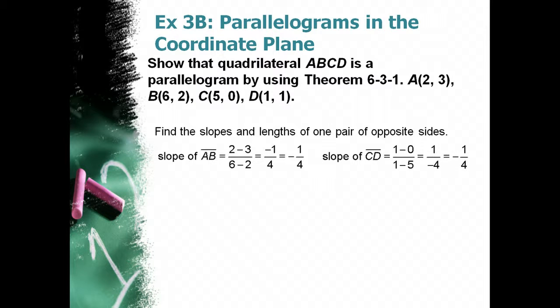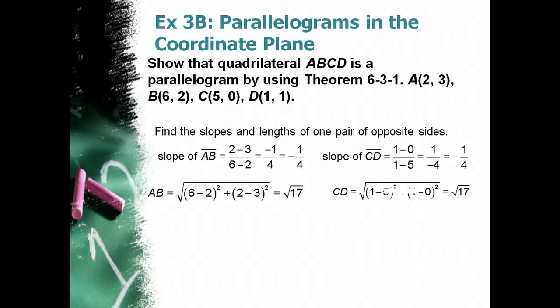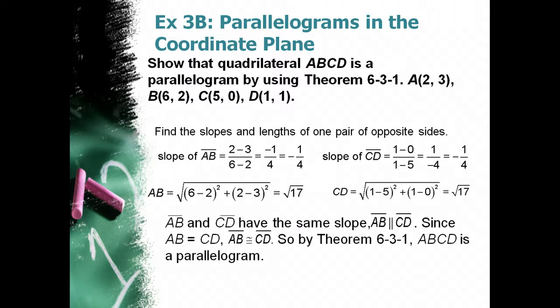The slope of CD is negative 1/4. So they are parallel because they have the same slope. Then we would use the distance formula to find the length of each one. AB is the square root of 17, and CD is also the square root of 17. Since they have the same slope, they are parallel, and since AB is equal to CD, they are congruent. So by Theorem 6.3.1, ABCD is a parallelogram.